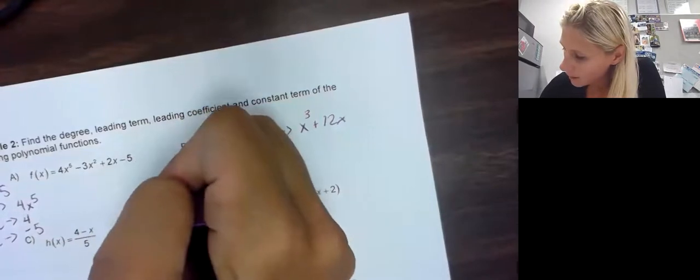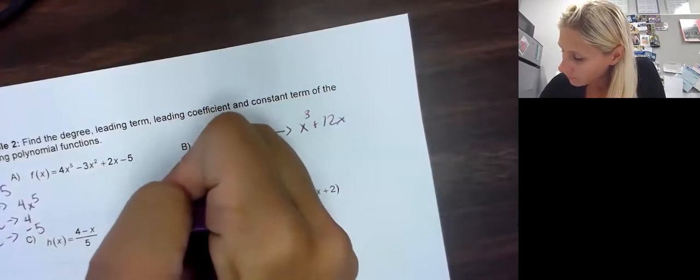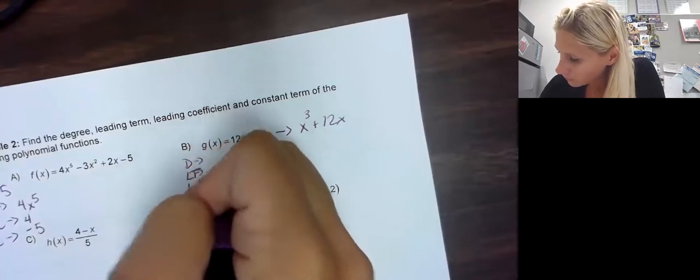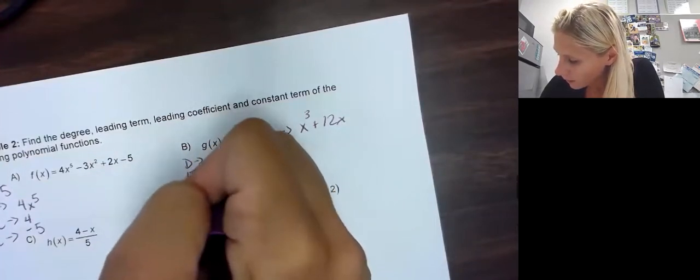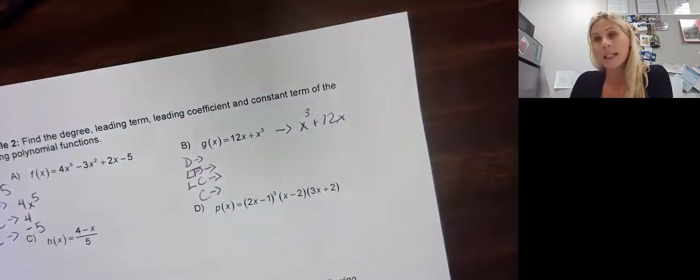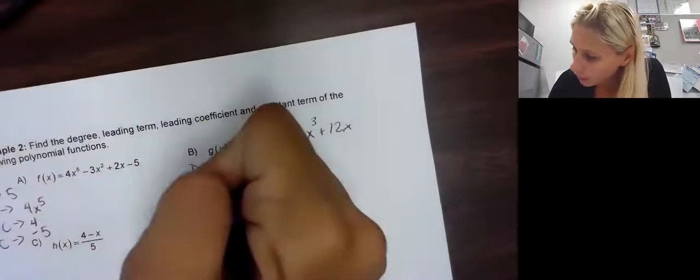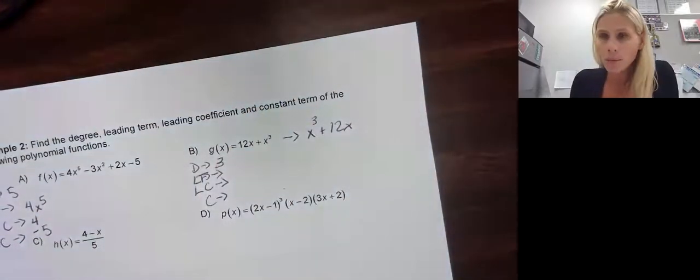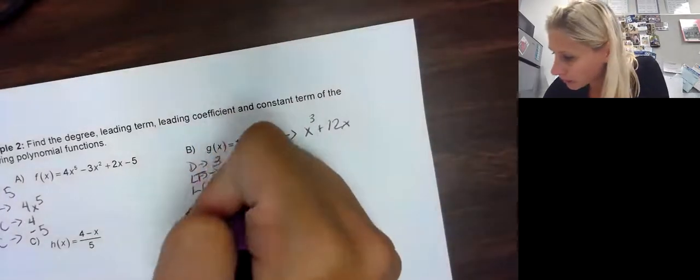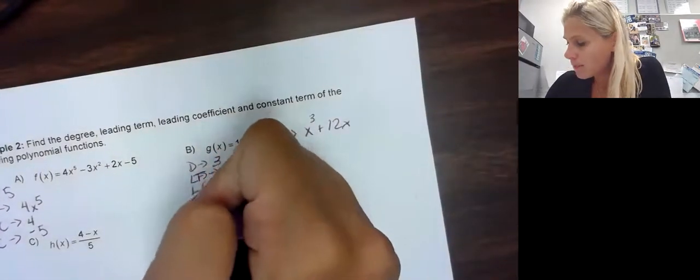Degree, leading term, leading coefficient, and constant. So the degree is the highest exponent. What's that? 3. Leading term is, once in standard form, that first term there, which is x cubed.